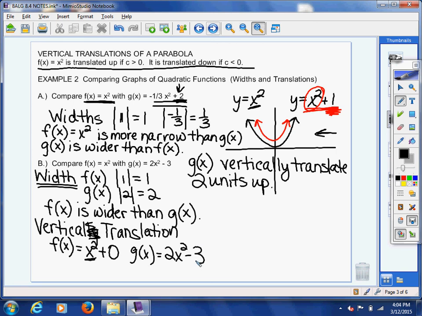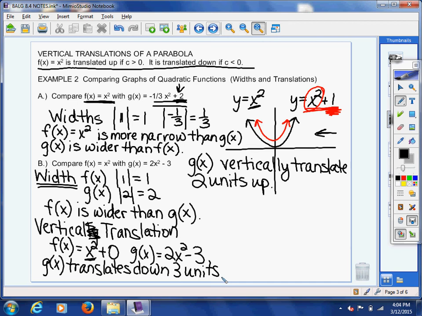So what will happen to g of x? G of x is more narrow, and it also translates down 3 units, okay? And that's how you compare width and vertical translation.